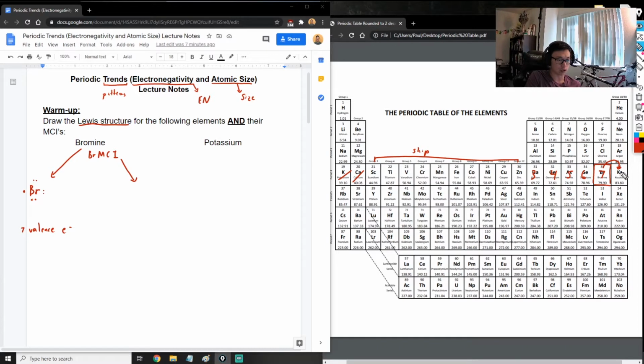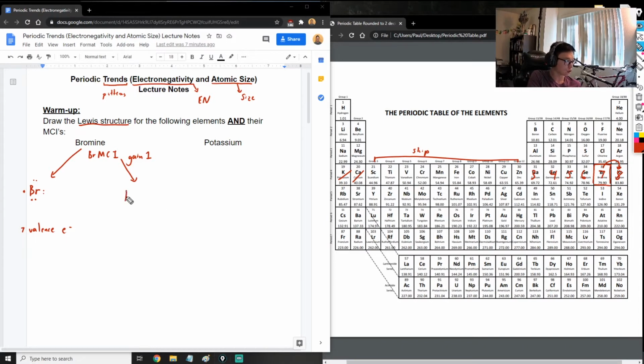Because if I add one electron, it's going to have 8, and the row is going to be complete. So bromine can either gain 1, or it can lose all of these electrons here. So we know from MCIs that it's easier to gain 1 because the number is smaller to just fill up that shell, than to lose everything here.